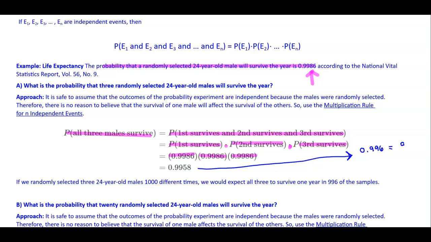Converting this to a fraction, it is 996 over 1,000, since the 6 is in the thousandths place. So we would say that if we randomly selected 3 24-year-old males 1,000 different times, we would expect all 3 to survive 1 year in 996 of the samples.